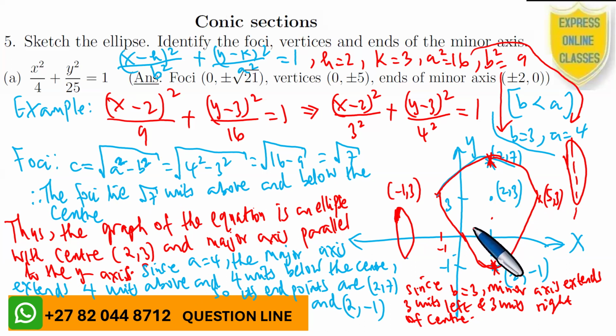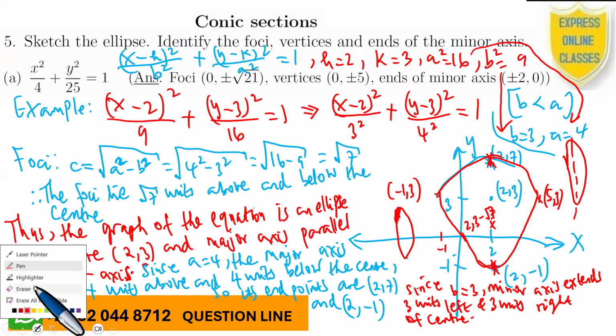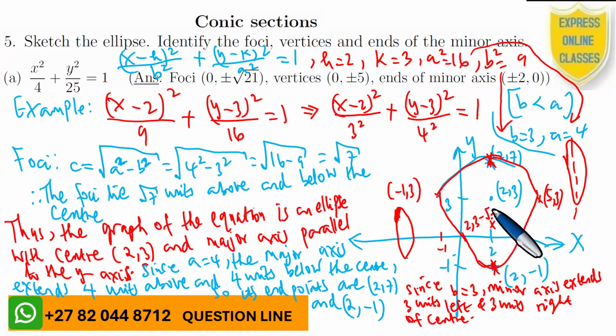So the foci is going to be here, where x is the same, which is 2, but y is 3 minus the square root of 7. This one is going to become the actual new position of the foci.